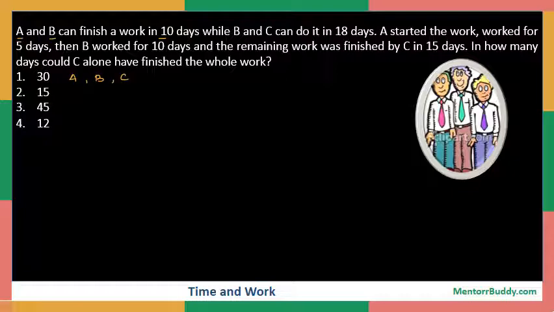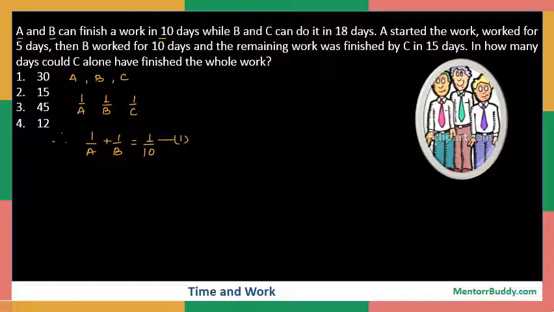When A and B are working together, I can take 1/A as A's 1 day work, 1/B as B's 1 day work, and 1/C as C's 1 day work. So according to the first equation, A's 1 day work plus B's 1 day work is equal to 1/10. So this is my first equation.